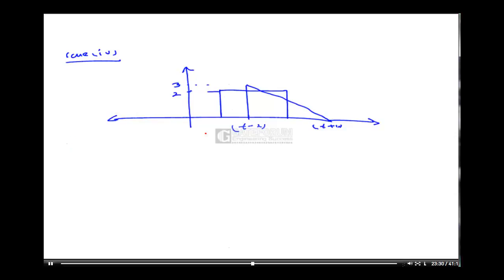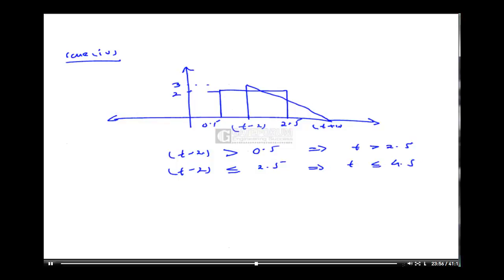In this case, two limits are there. T minus 2 greater than 0.5. T minus 2 is less than equal to 2.5. From this I will get t greater than 2.5. From this I will get t less than equal to 4.5. Thus, the limit of t will lie between 2.5 to 4.5.